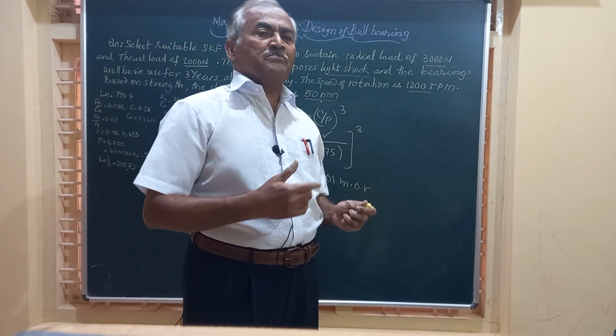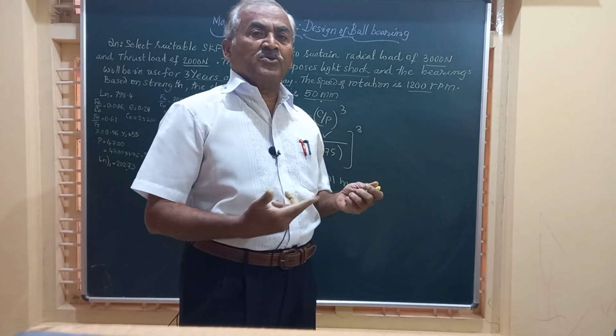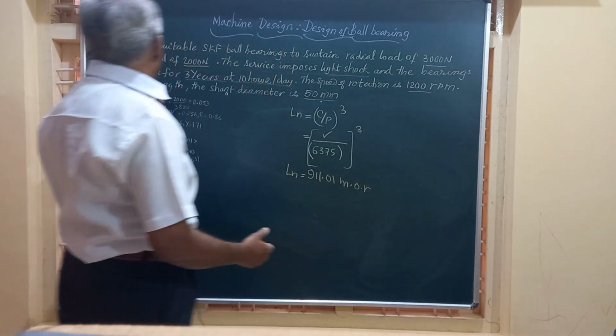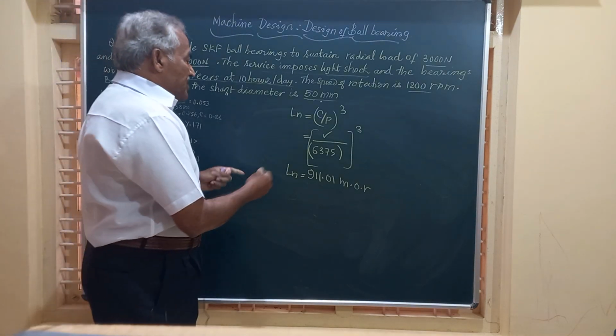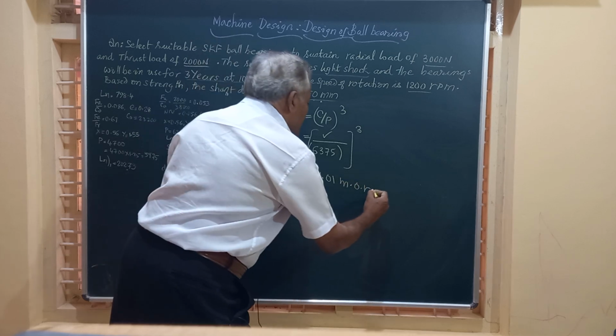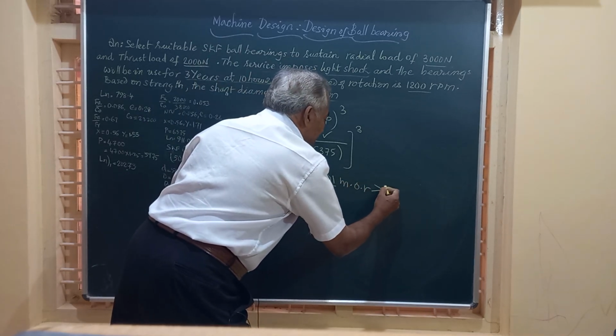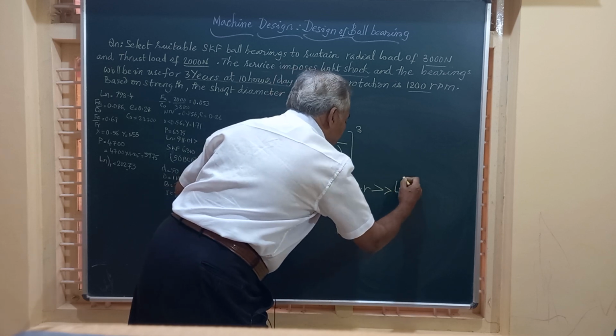And when we compare this with the Ln value required, that is around 798.4 million revolutions, we can say Ln equal to this 911 is far greater than Ln required.